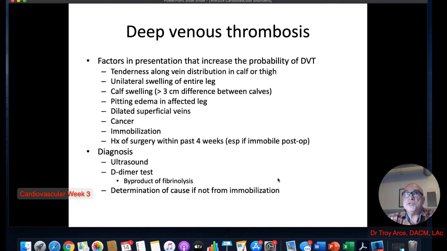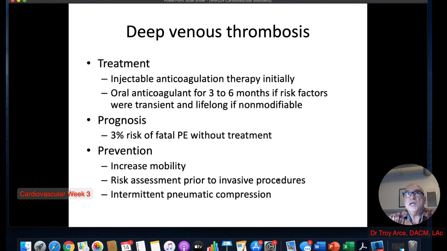How do we diagnose it? Ultrasound, D-dimer test. It's a byproduct of fibrinolysis. Determination of cause if not from immobilization. How do we treat it? Injectable anticoagulation therapy initially, then oral anticoagulant for 3 to 6 months if risk factors were transient, and lifelong if non-modifiable.